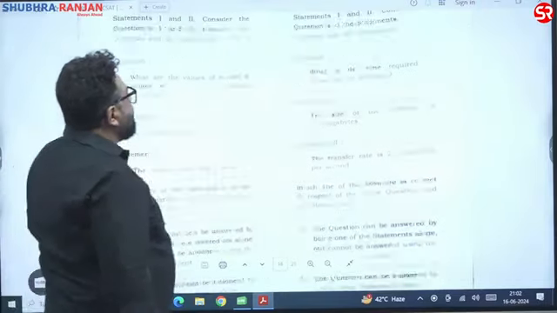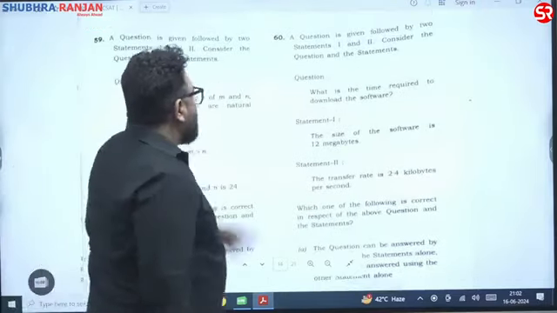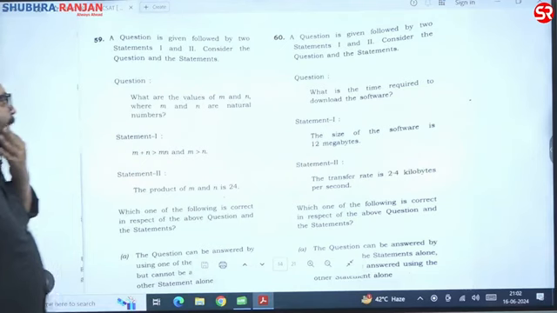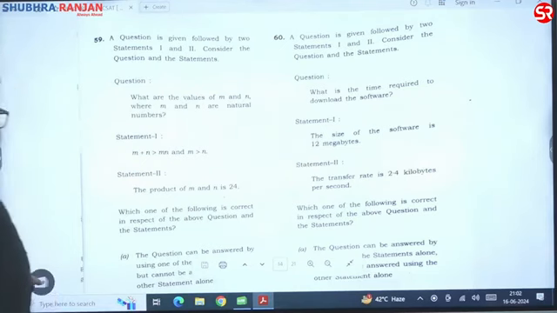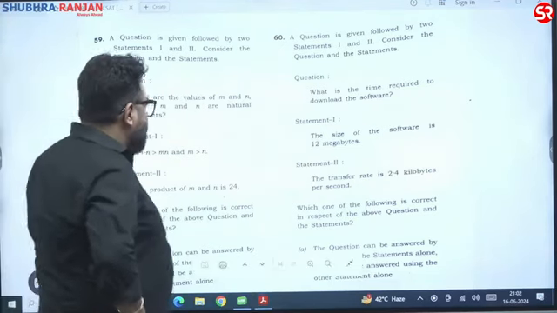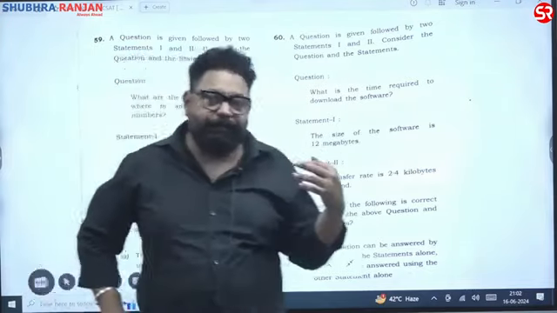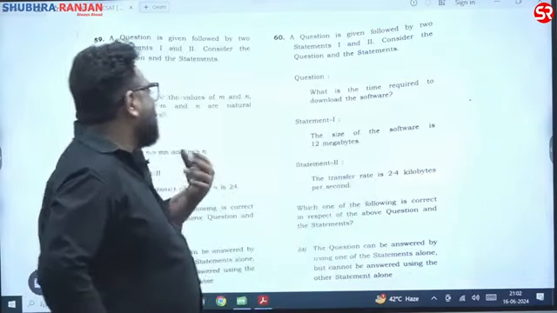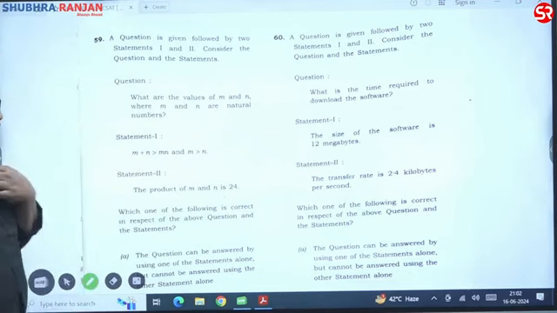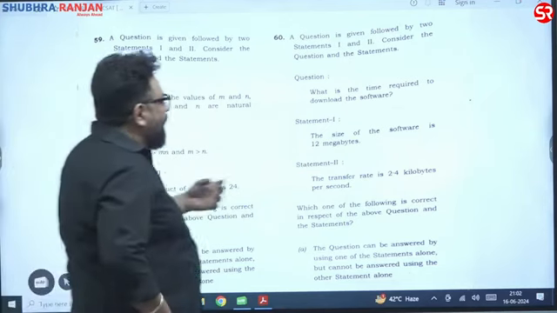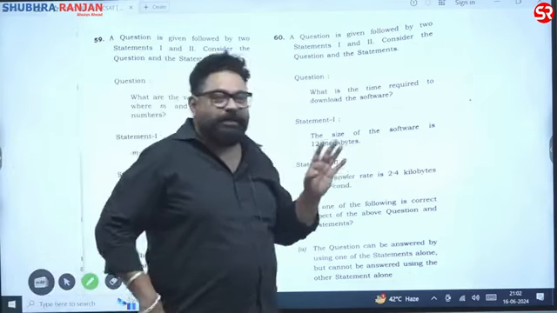Next, question 60. Now again he asks what is the time required to download the software? First, the size of the software is 12 megabytes, MB as you call it. And the transfer rate is 4.5 kilobytes per second.